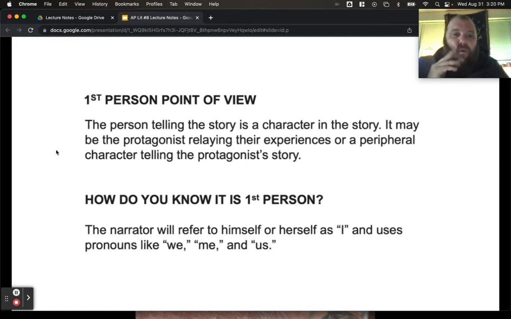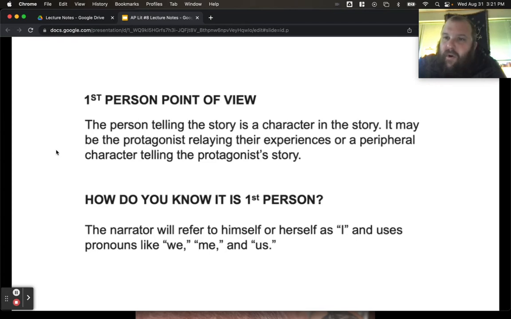Okay, so first person point of view. The person telling the story is a character in the story. It may be the protagonist relaying their experiences or a peripheral character telling the protagonist's story. Either way, the last lecture talked about the narrator framing a story.